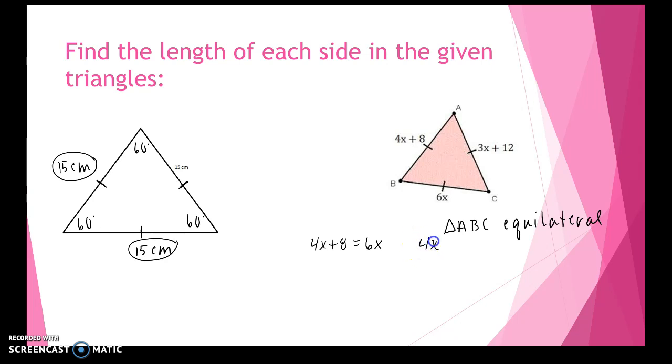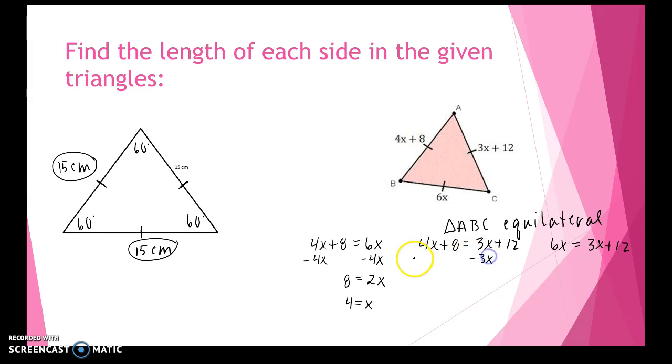I can say 4x plus 8 equals 3x plus 12. Or I can say that 6x equals 3x plus 12. And we'll show that no matter what equation you set up, we'll get the same value of x. So subtracting 4x from both sides here, I get 8 is equal to 2x. Divide both sides by 2, I get x is equal to 4.